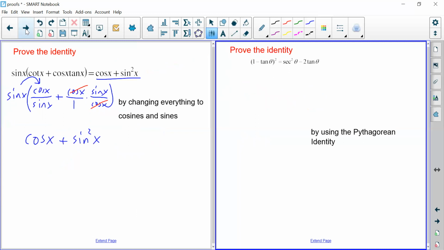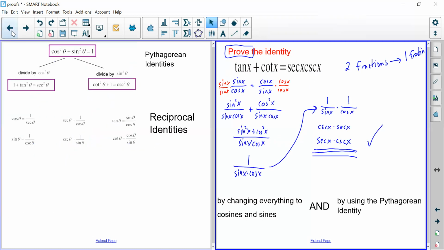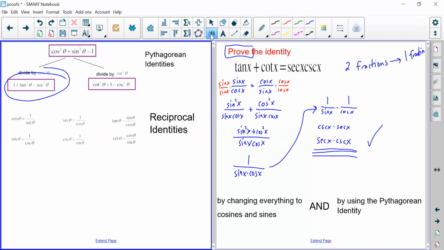All right, this will be our last one, I think. What are we thinking? You see a secant squared, you see tangent. You've got to be thinking of this right here. 1 plus tangent squared equals secant squared.